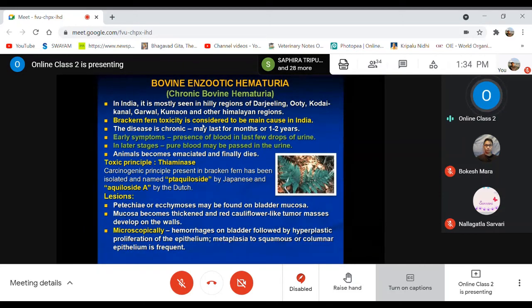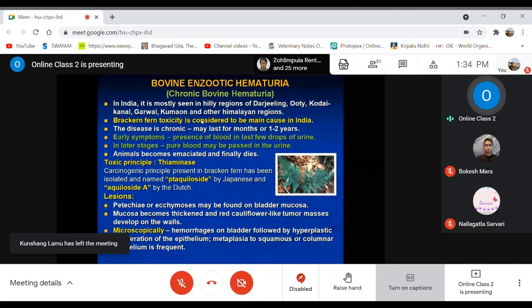It is highly toxic, and contains a toxic principle, known as ptaquiloside, which is thymidine-like in nature. Animals don't intentionally take such toxic plants, but accidentally they may consume them.